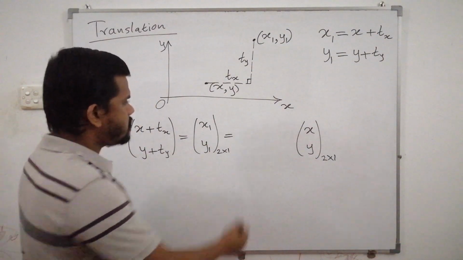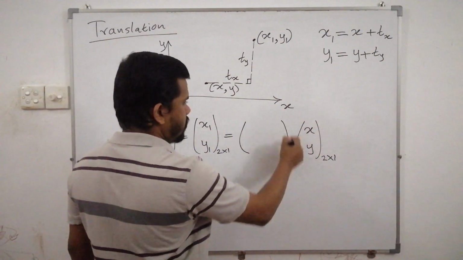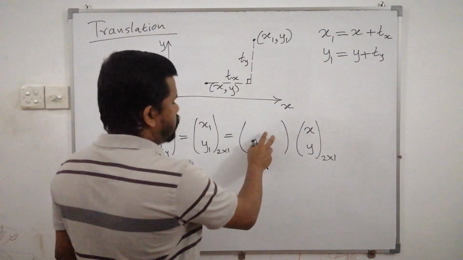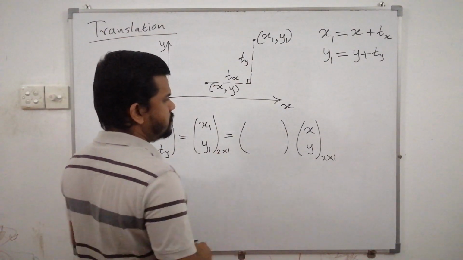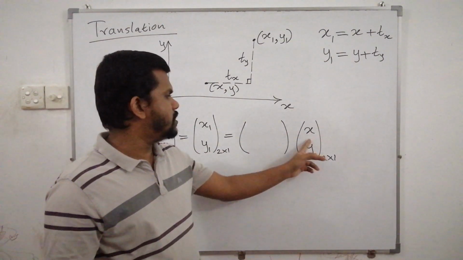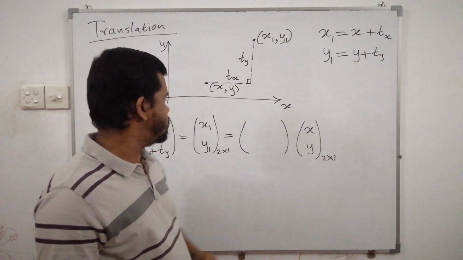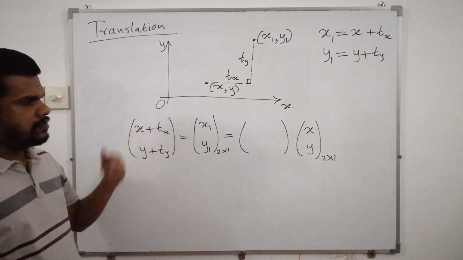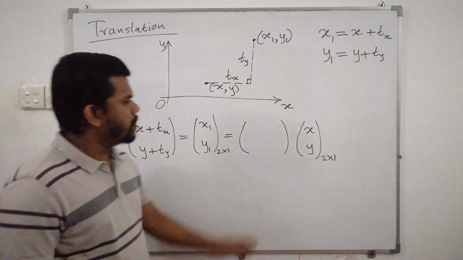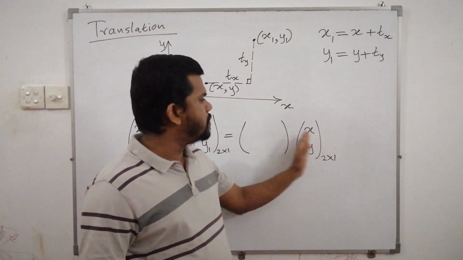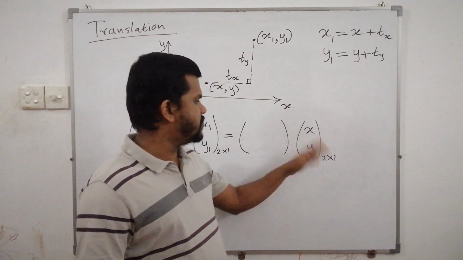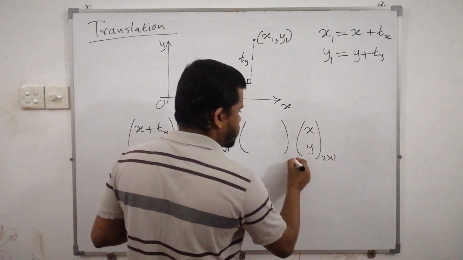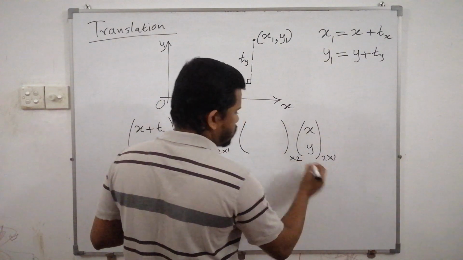Now here we have to find the matrix such that multiplication of these two matrices gives this matrix. So, in order to be able to multiply these two matrices, the type of this matrix must be something cross 2.